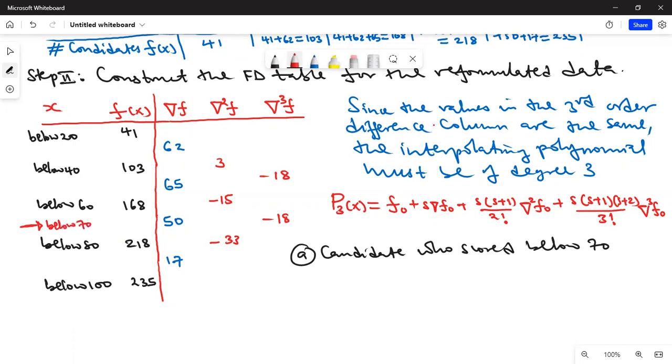So it means we need the value of f of x. So we need to estimate f of below 70. F of below 70, what is it? That's the question. So let x be 70.